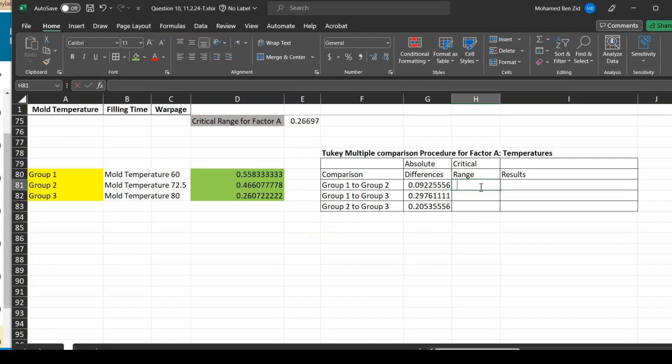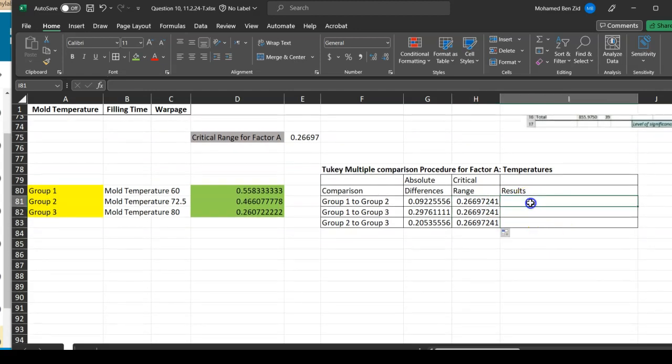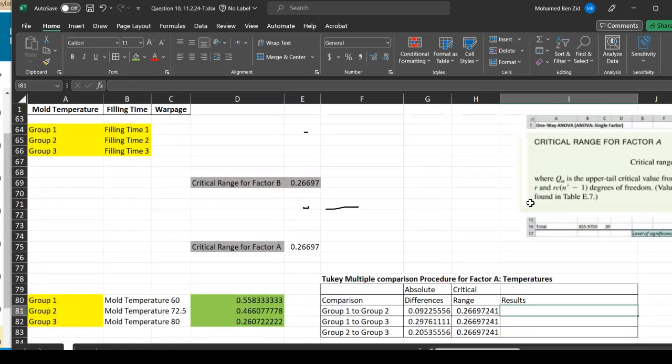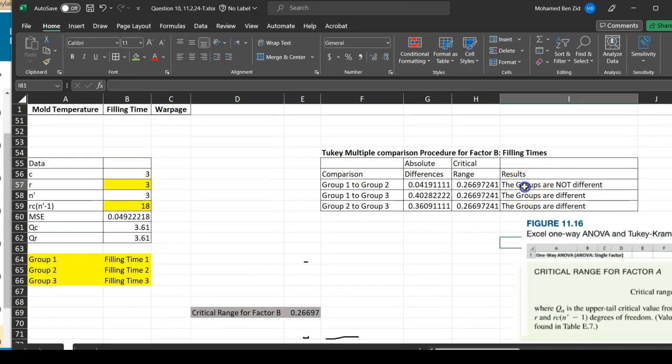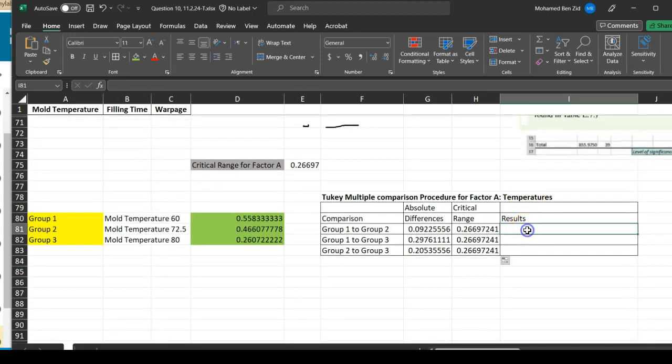This is a critical value here. You're going to put equals, and this is my critical value. Please lock it with the function key F4, or put a $ sign before the letter and before the number, so you can drag it later on. So choose it and drag it down. Now for the result, instead of typing it again, I can copy this one because it's the same function, same statement.